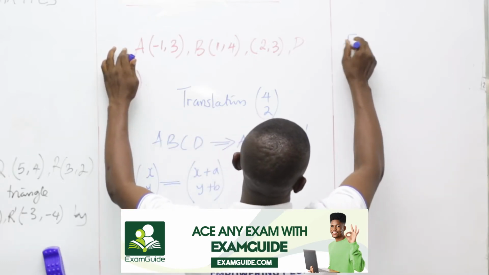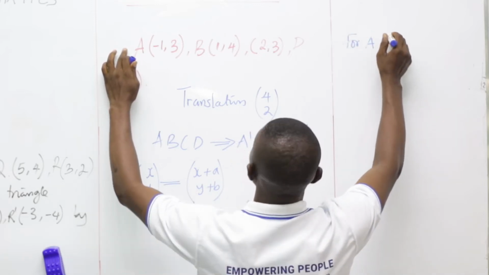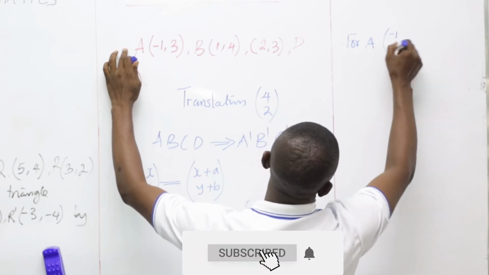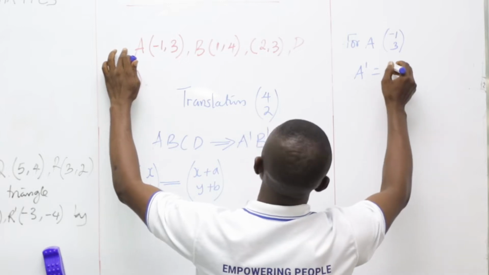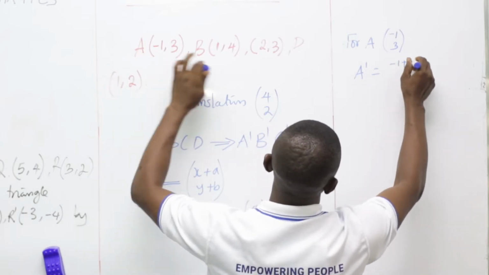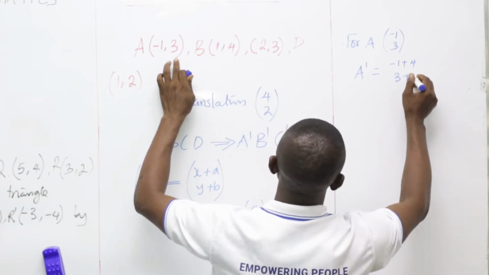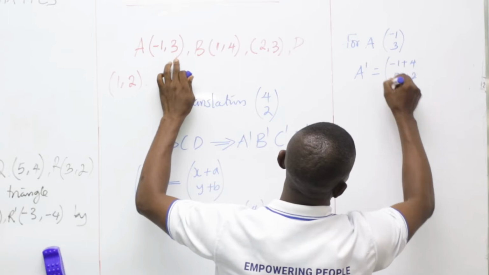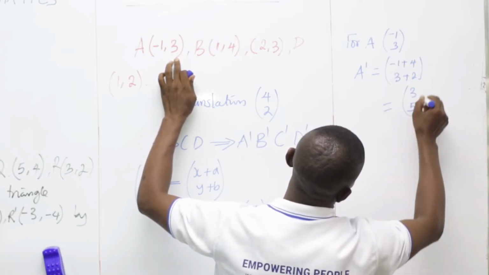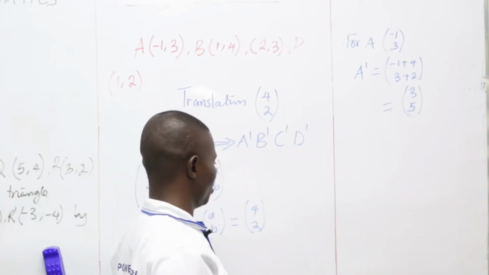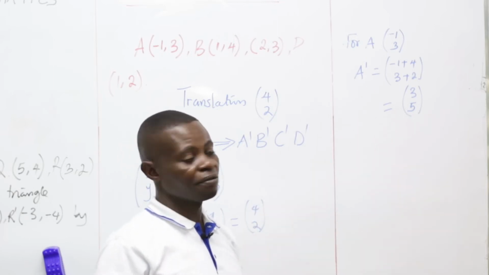For A, which is (-1, 3), A prime equals (-1 + 4, 3 + 2), to give us (3, 5). So -1 plus 4 is 3, and 3 plus 2 is 5.